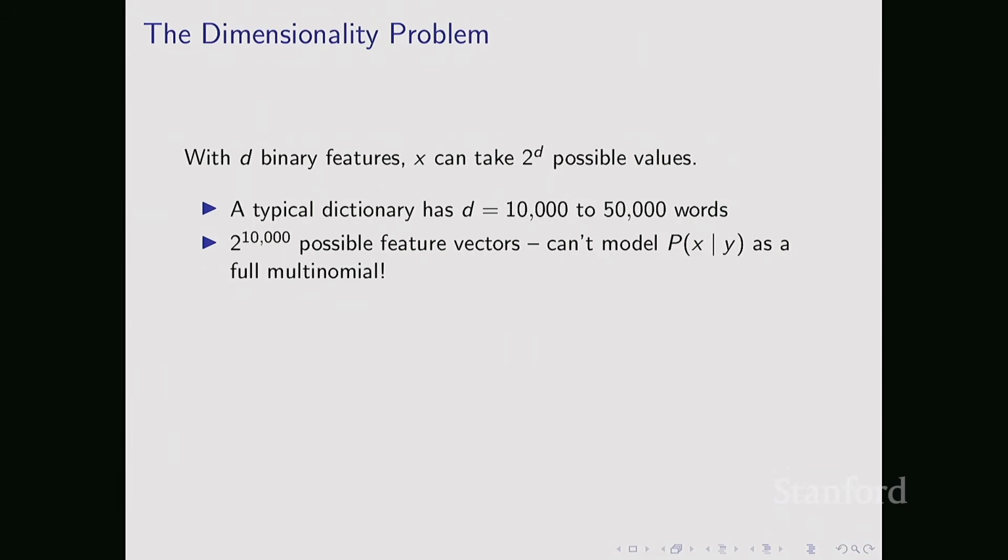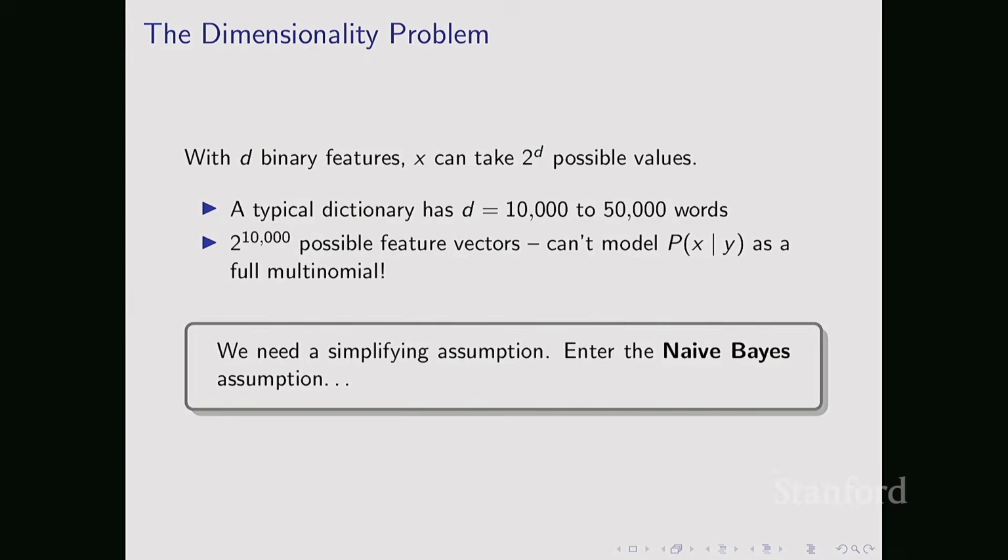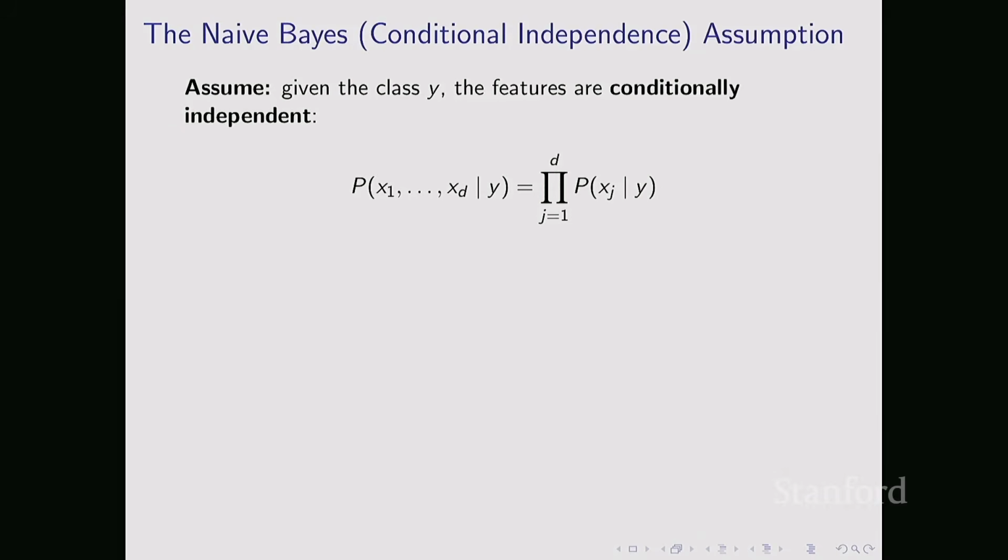So what are we going to do? Well, we're going to make a simplifying assumption about our data. We're going to assume that these words are emitted effectively independently. We're going to make a different kind of independence assumption, that they're independent conditionally. So the probability that x1 through xd are emitted are going to be independent, conditional on y.